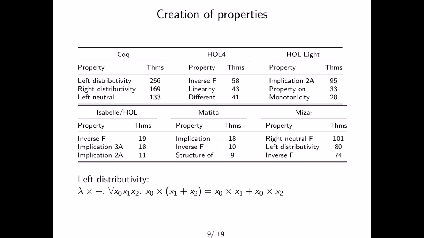So here are properties of 2 constants, for example, distributivity. In Coq it is the most common thing, and you can write it here as you would expect: x0 times (x1 plus x2) equals x0 times x1 plus x0 times x2. And again, the names of the plus and multiplication don't matter.